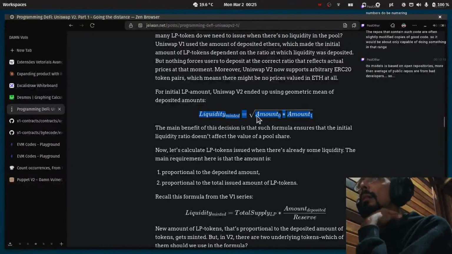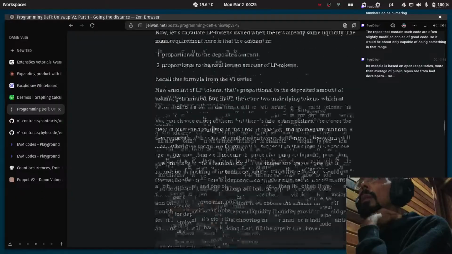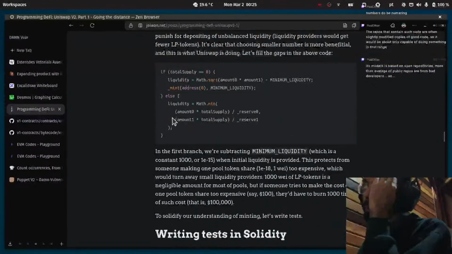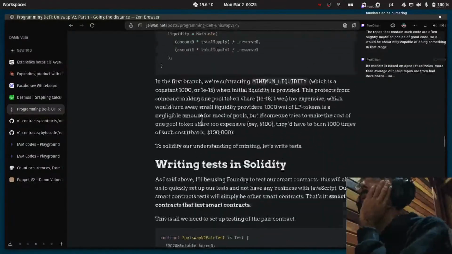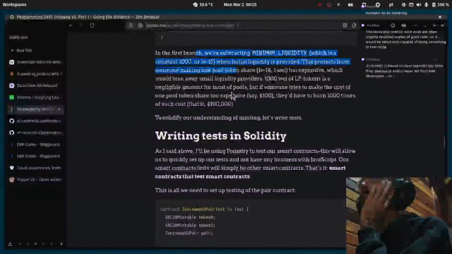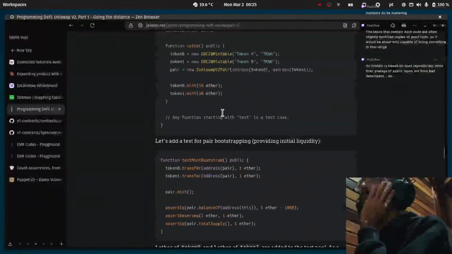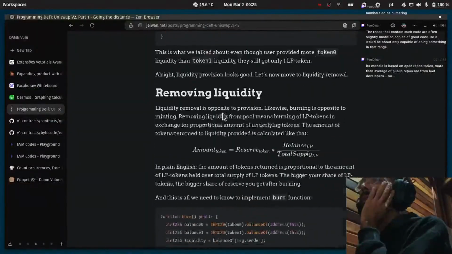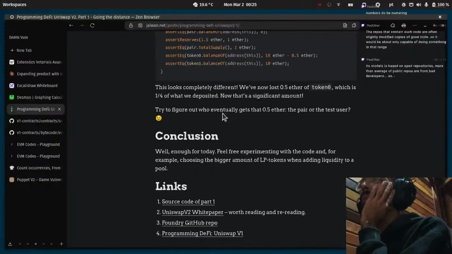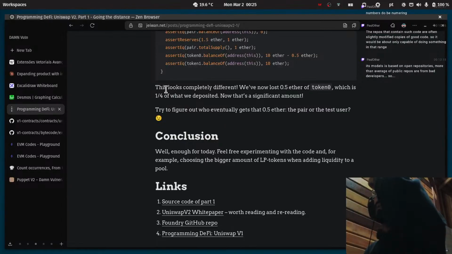Here the beautiful formulas. Beautiful formula. That's the same, to be honest. Minimum liquidity, that's a good stuff to learn. But I'm trying to remember the difference here. Wait, what's the difference? We lost token.